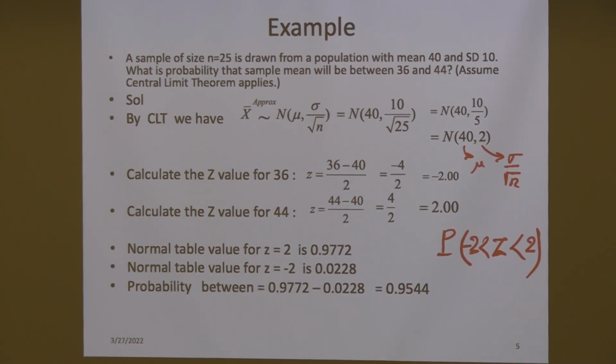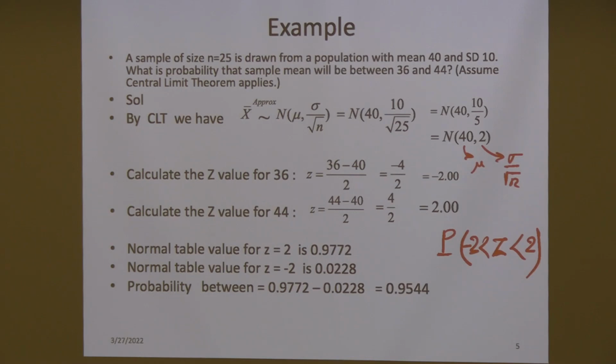You can find the z-score associated with 36 and the z-score associated with 44, and in the past, we have done this, right? We know that the z-score for 44 is 2, and the z-score for 36 is -2, and therefore, we are interested in the probability of z between -2 and 2, right?